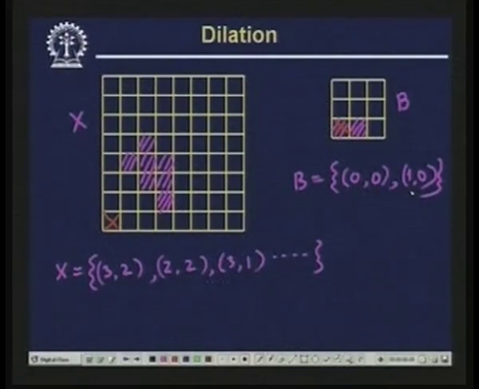As we have seen in the definition of the dilation operation, I take every point from set X and every point from set B and do the vector addition.